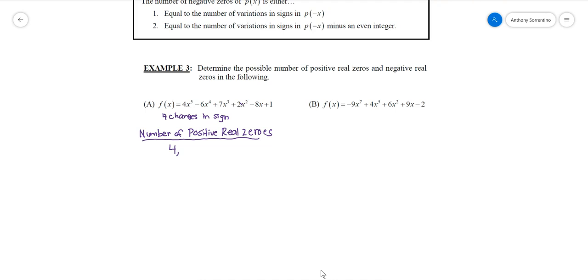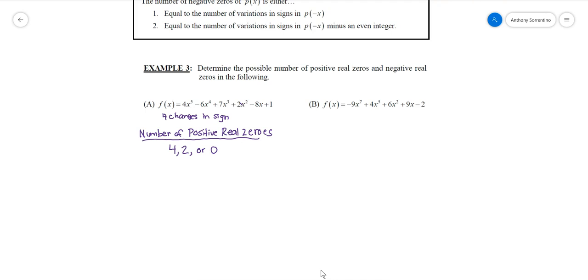So if I subtract 2, I could have 2. If I subtract another 2, or none. So I could either have 4 positive real zeros, 2 positive real zeros, or none. One of these has to be true.